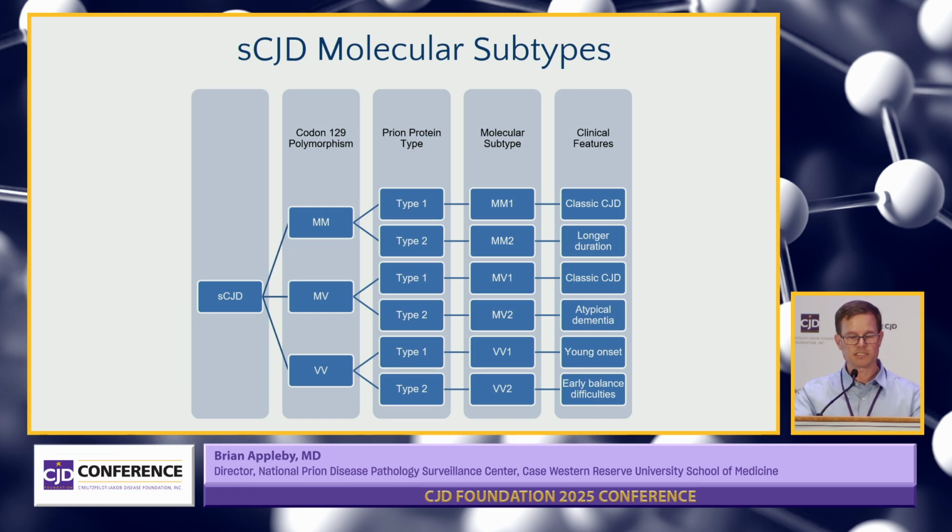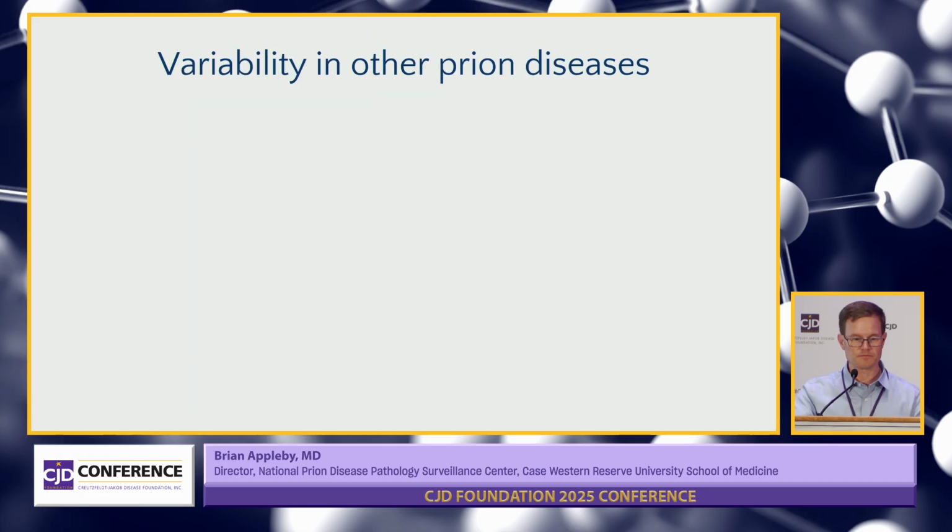You can see some of the clinical features. MM2 and MV2 tend to have a much longer duration, like a year or 2 or maybe even 3 years, whereas MM1 is extremely quick, often misdiagnosed as stroke because it's so quick. So that's probably the primary reason for variability in prion disease.